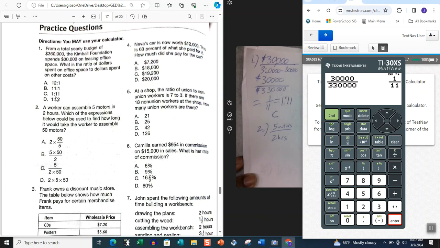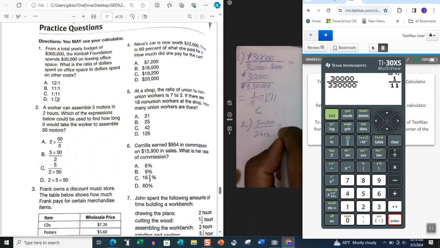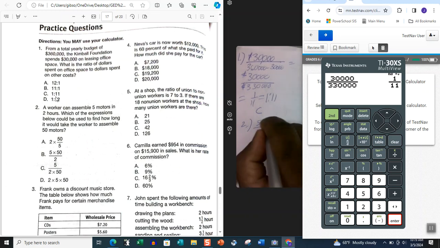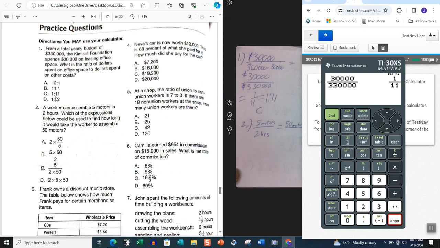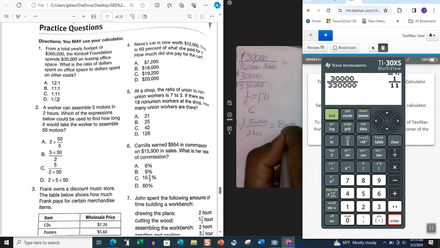Now we want to know how long it takes to assemble 50 motors. Remember, because this is a proportion problem, we have to put motors with motors. So it's 5 motors here, it'll be 50 motors here, all over. Now we will have X, which would be our hours.